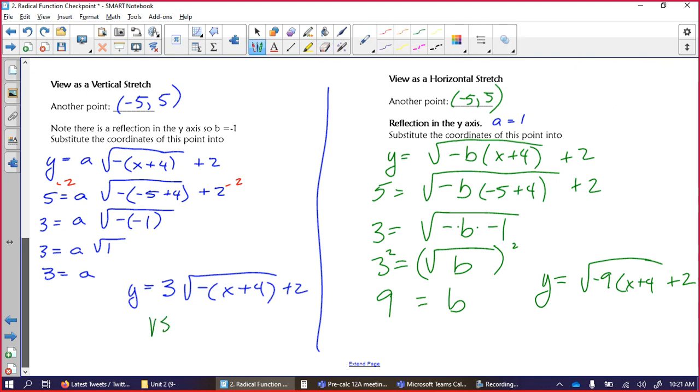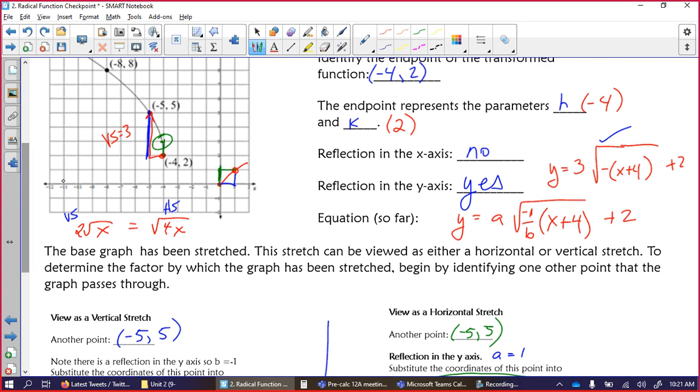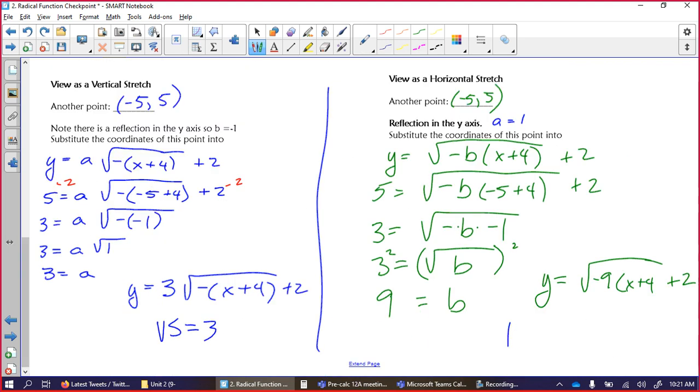This is a vertical stretch of 3, which is what we could see there. If I go up one and over to that one there, we have horizontal, green, a horizontal stretch of 1 over 9.